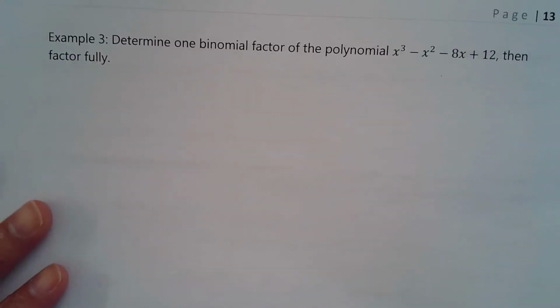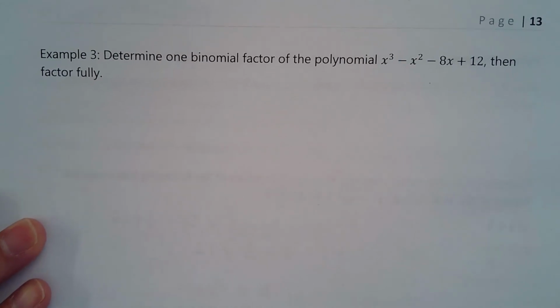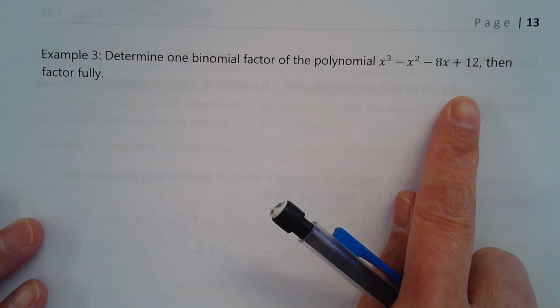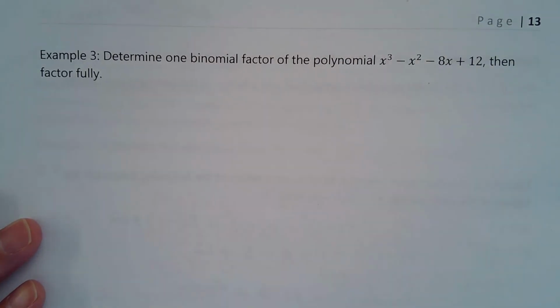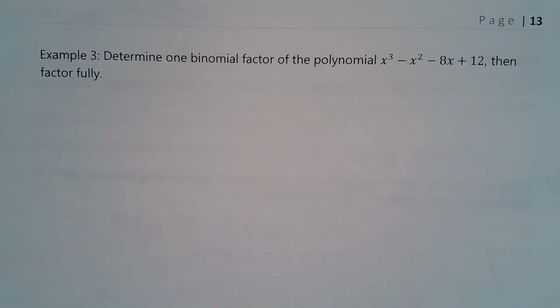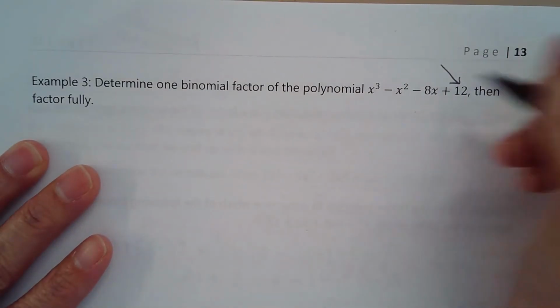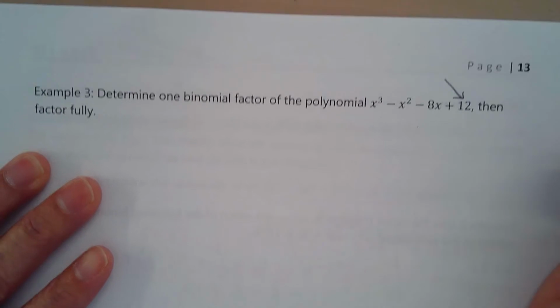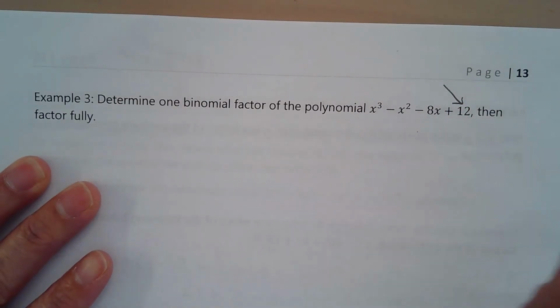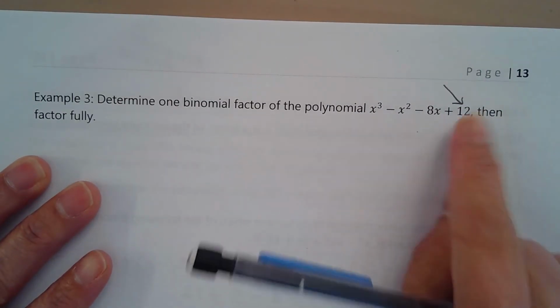So here, what is the constant term in this polynomial? 12. So this is the constant term, and the a value will be a factor of the constant term.